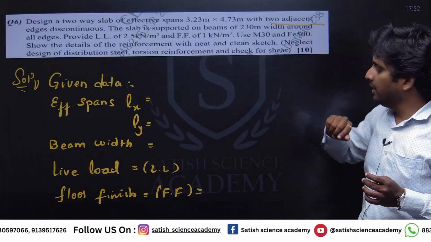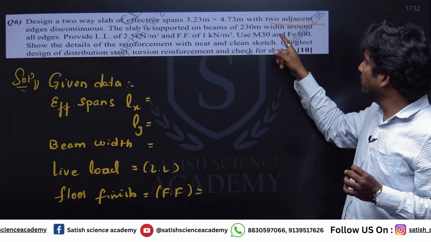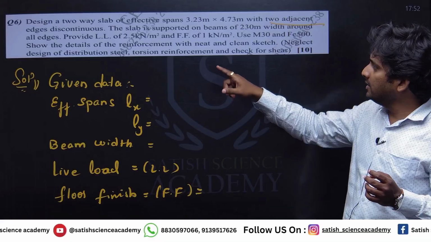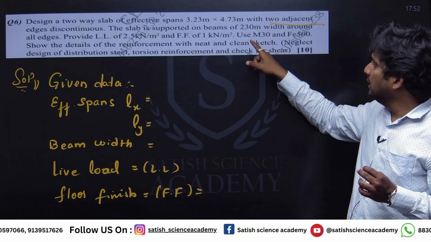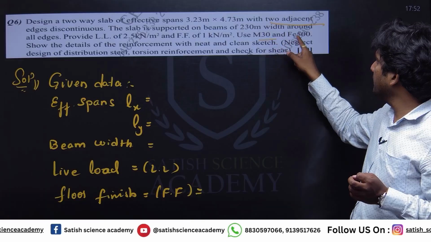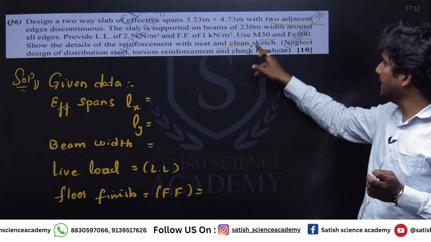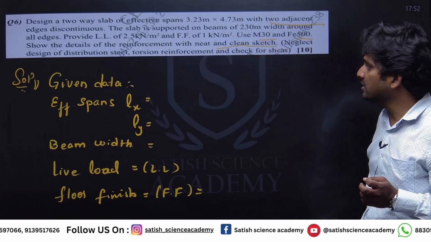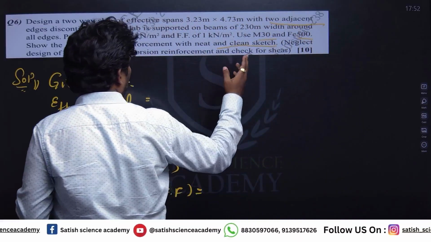Okay, such kind of slab we will design. Slab is supported on beam of 230 mm width around all the edges. Live load is 2.5 kilonewton per meter square and floor load is 1.0 kilonewton per meter square. M20 grade is given, Fe 500 steel is given. Show the details of reinforcement with neat and clean sketch. Design the distribution steel, torsion reinforcement and check for shear. You neglect these things.